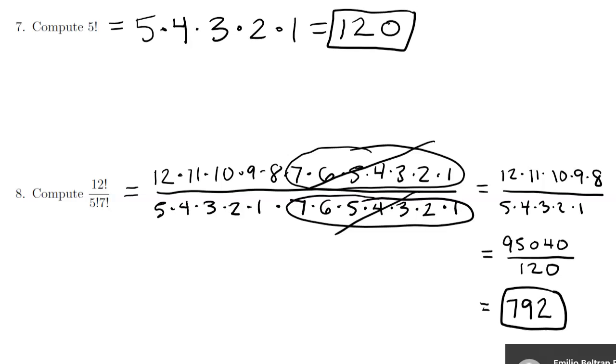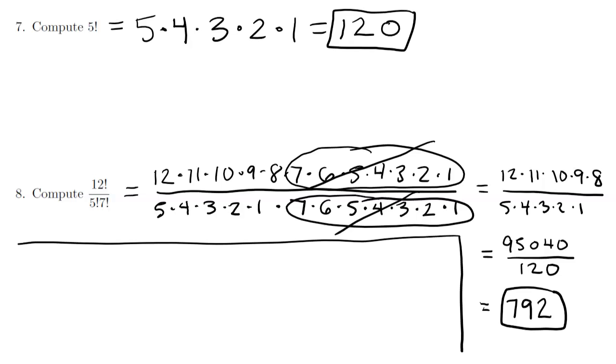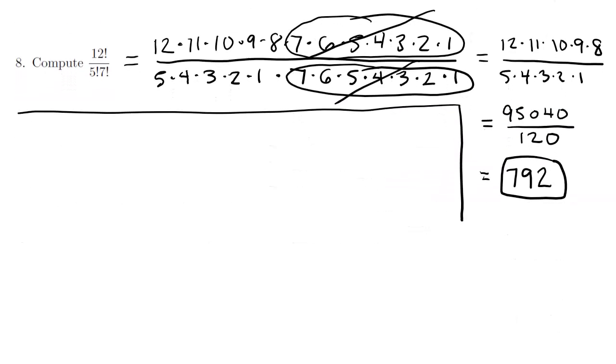And then I want to write down a slightly different way to write this, because even that was a little tedious. Notice we knew that we were going to cancel a bunch of stuff. So let me scroll down here just a smidge so that we can write this in a faster way.